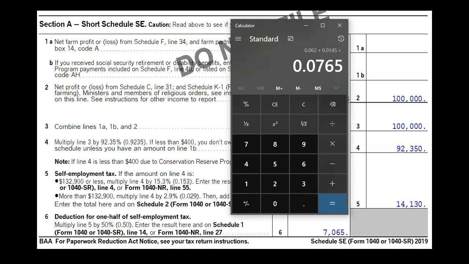But the employer would be matching that. So if we multiply that times 2, then it would be 15.3% total taxes that are being taken out of an employee-employer situation. Half of that from the employee, half from the employer. It's a little bit more complicated than that, but in general, that's it.